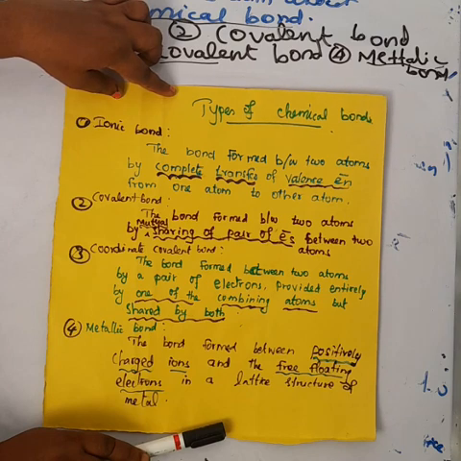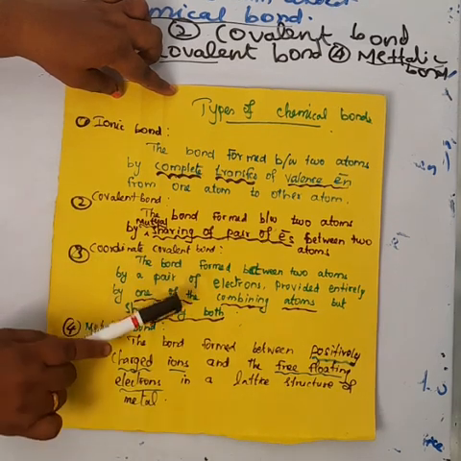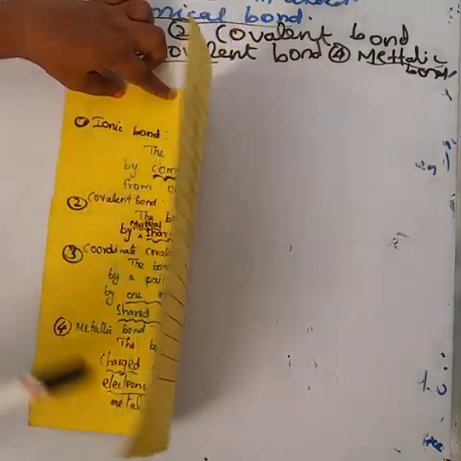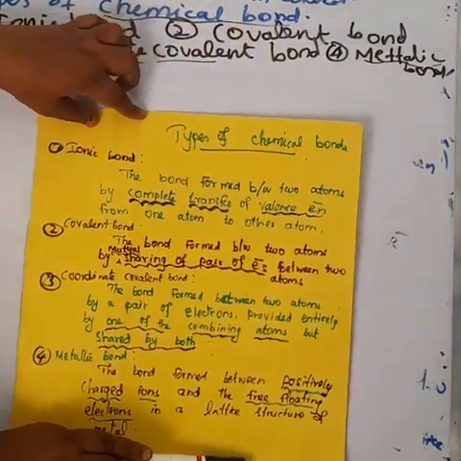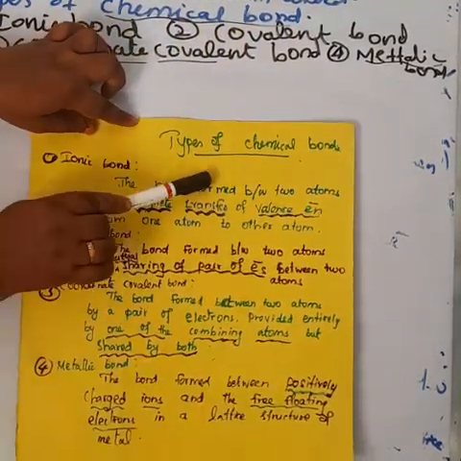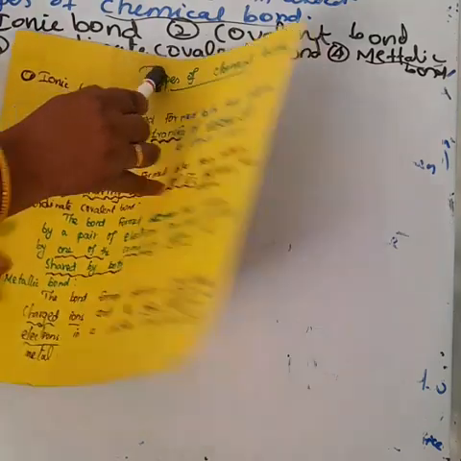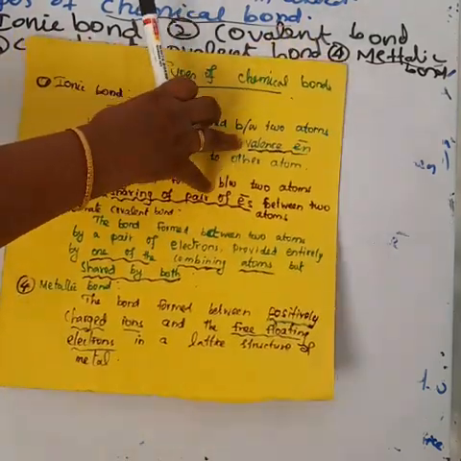Next, metallic bond. This is entirely different from the ionic bond, covalent bond and coordinate covalent bond, because the metallic bond is formed between the positively charged ions and free floating electrons.